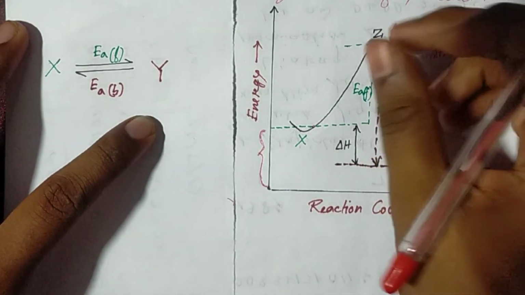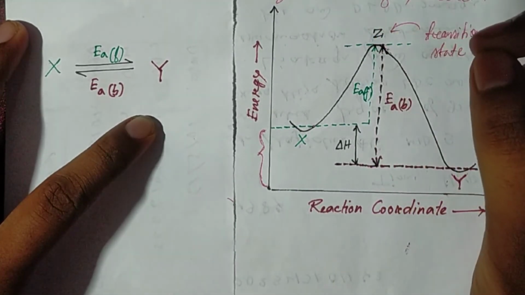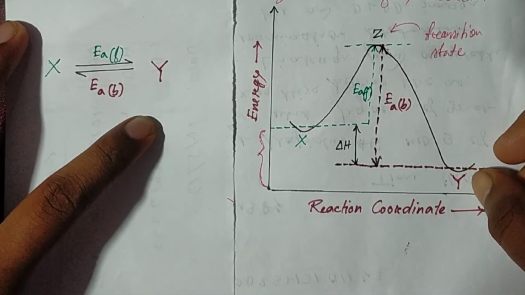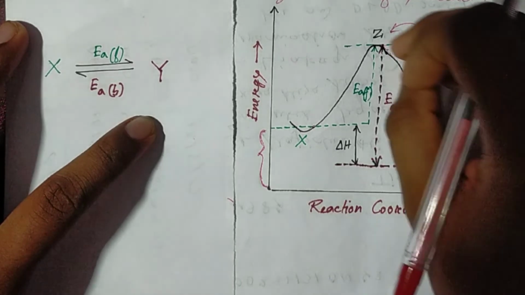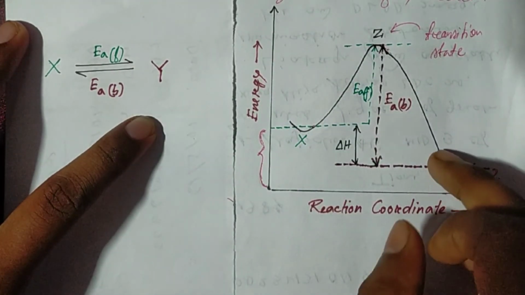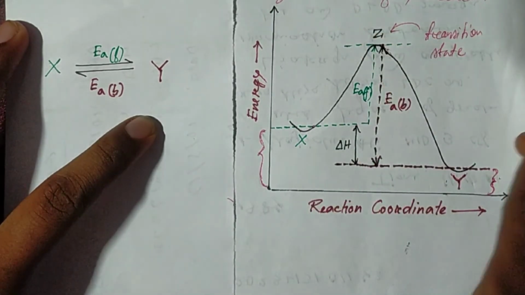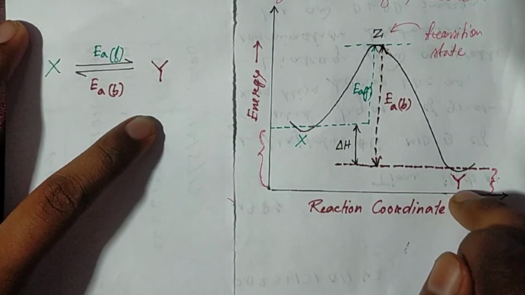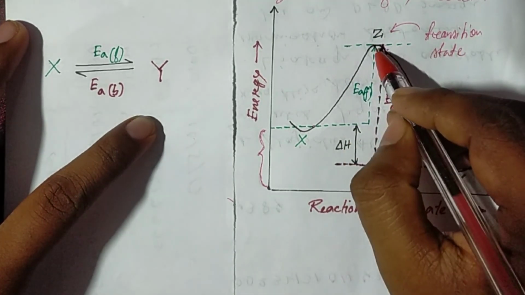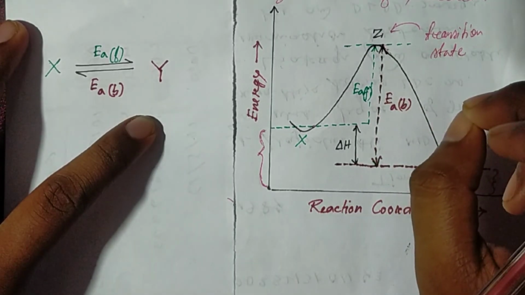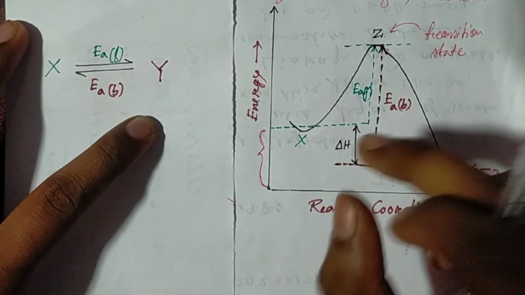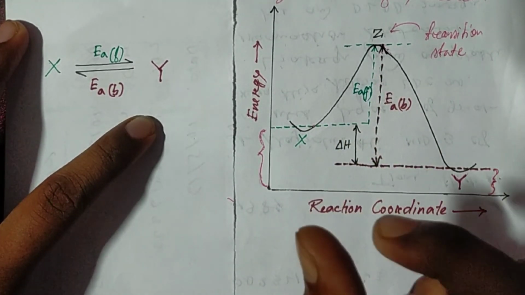After that, when the rearrangement proceeds and changes, we will get the Y product. In the same way, vice versa, in the backward direction, Y will come through this transition state. At that state the rearrangement of Y will change, it will stay for a very short time, and after that it will give you the rearrangement of X, that means the product.